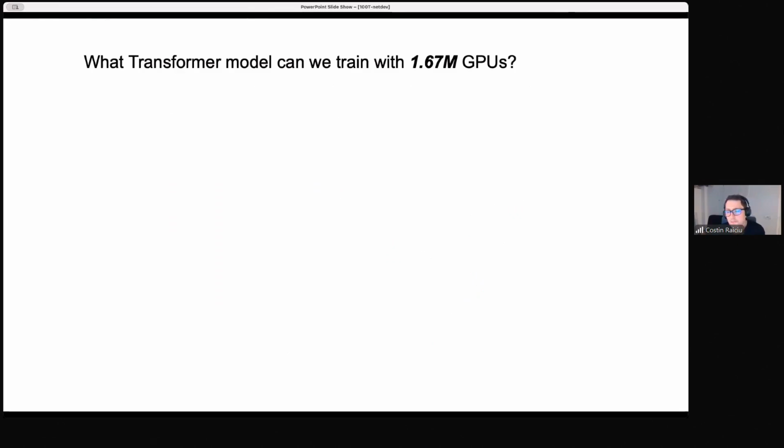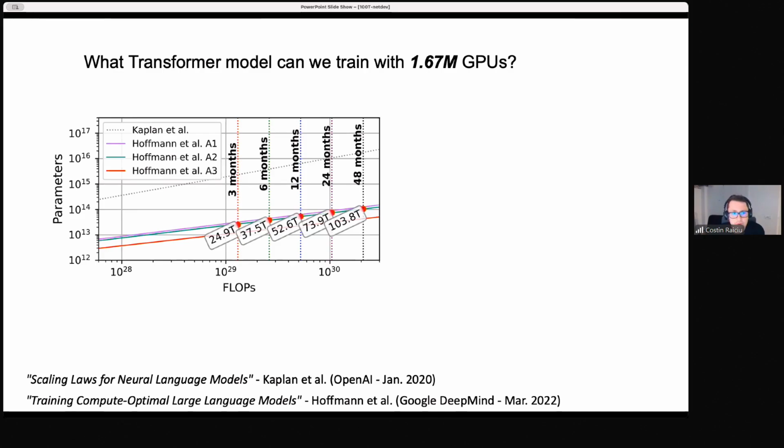Okay, so the next step is, what could you build? This is a famous scaling curve that was published a while back, and we've had papers like this coming from Google, but also from OpenAI. Basically what this says is, if you have more compute power, the best way to use that compute power to create a better model is to increase the size of the model.